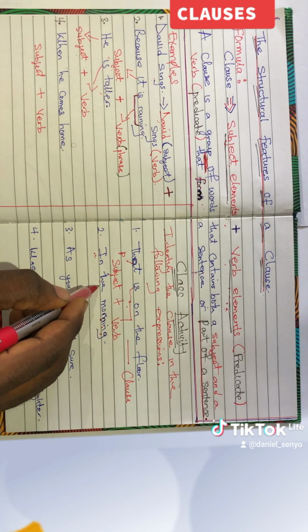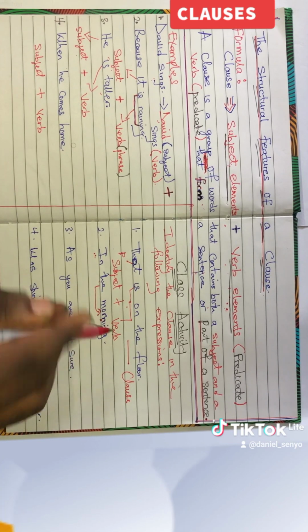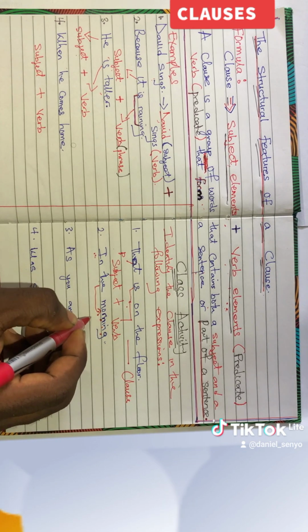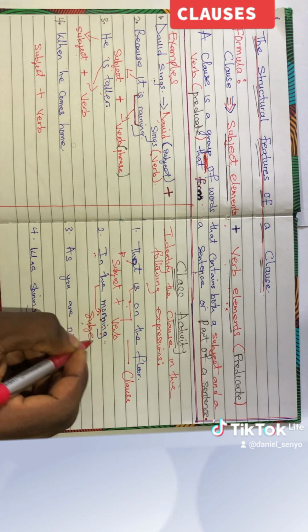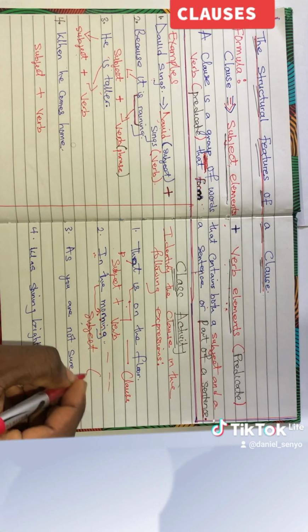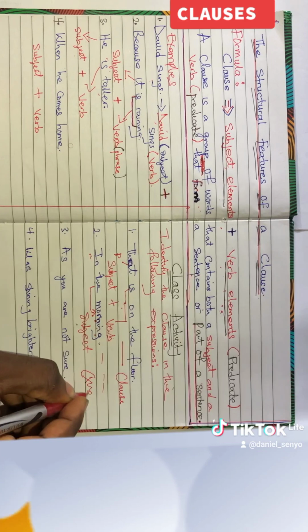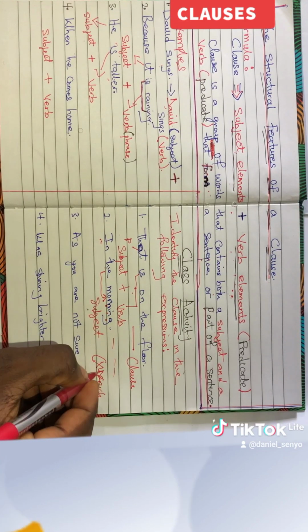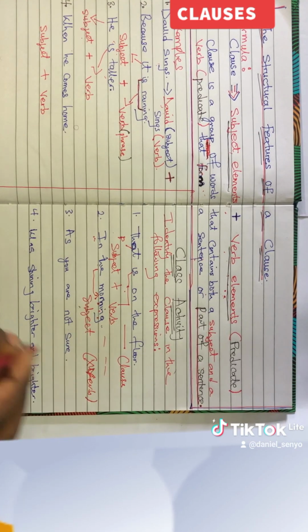Since the article is preceding this word, and this word is seen as a noun, we'll say this item is the subject. Whereas something is missing: we do not have the verb. The verb is missing. So for this reason, we would agree that this expression is not a clause.